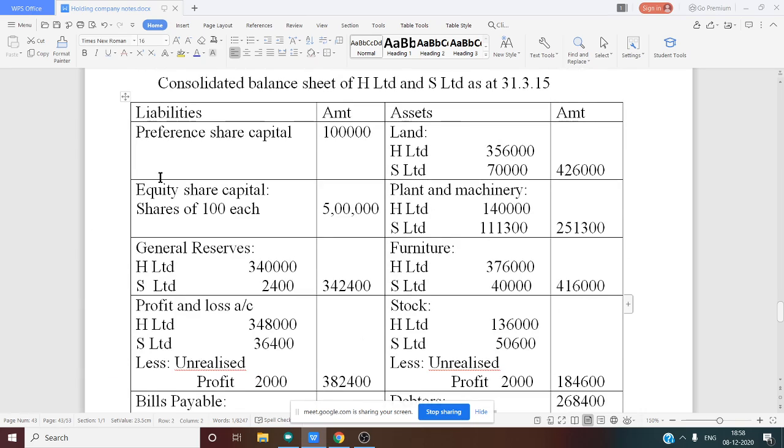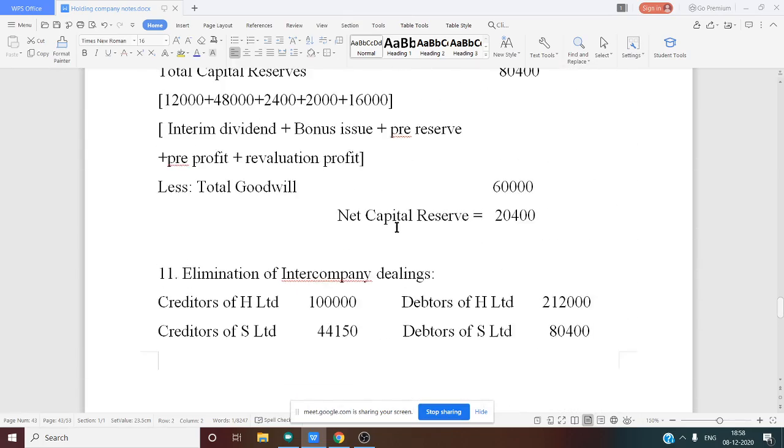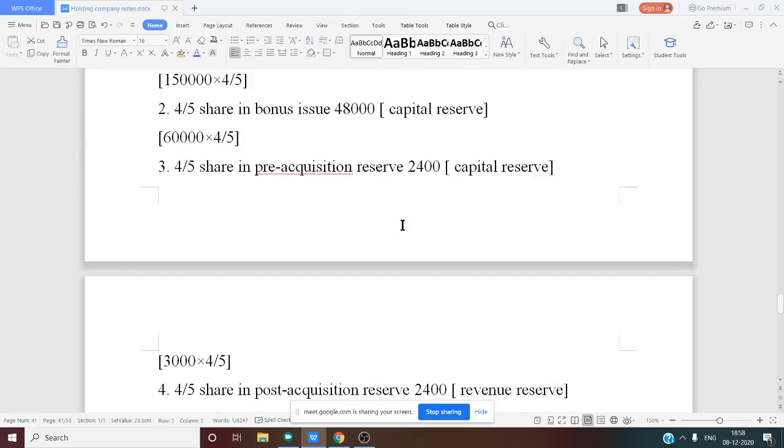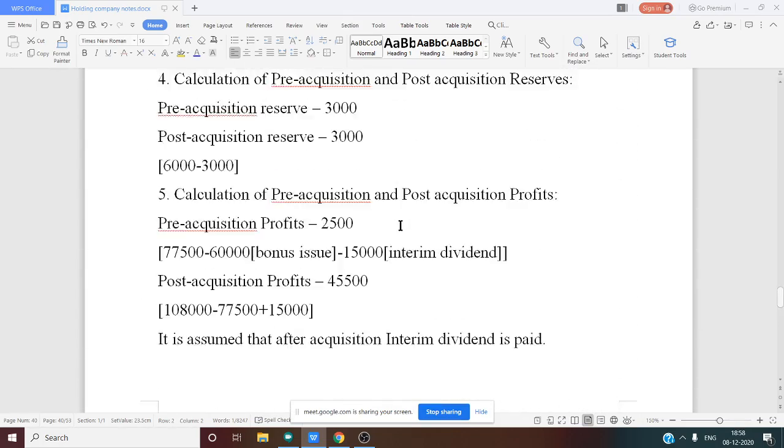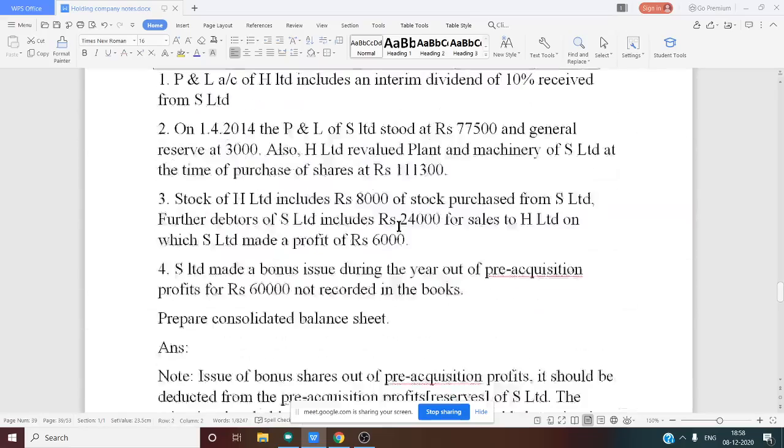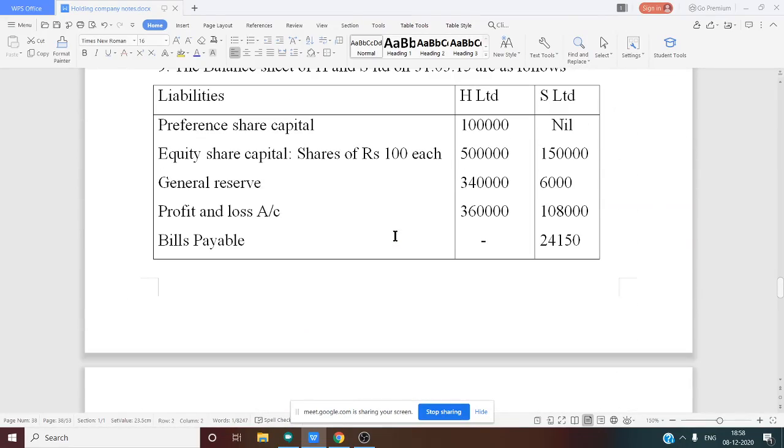Now liability side items, once again we have to see the question, because from the question we can get various information. See this now, the balance sheet liability side, preference share capital is of holding only, so you have to write it, because subsidiary company is anyway not there. So take this holding company information, write as it is.